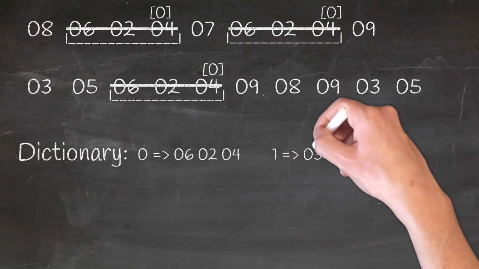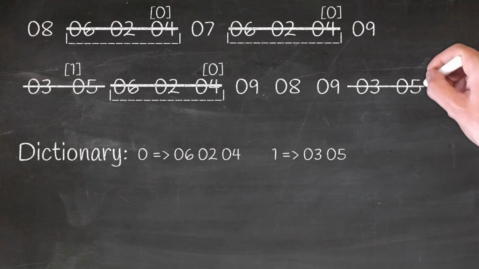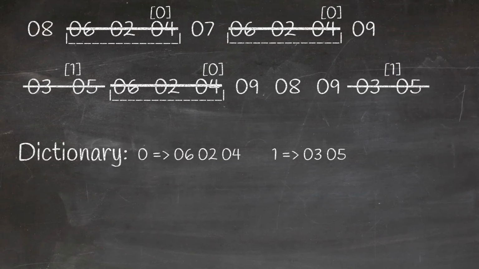So under the index of 1 we have got 3 and 5, and we can also substitute it. Do we see any other patterns? Well, we also see another pattern. We have the index 0, which is 6, 2, 4, is also a part of a bigger pattern sometimes, which is 6, 2, 4, 9, or the index 0 and 9.